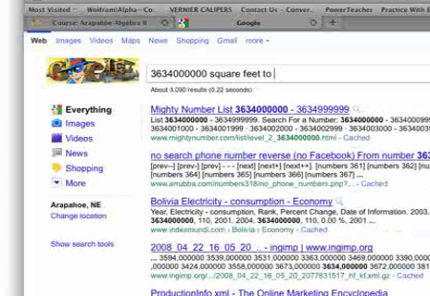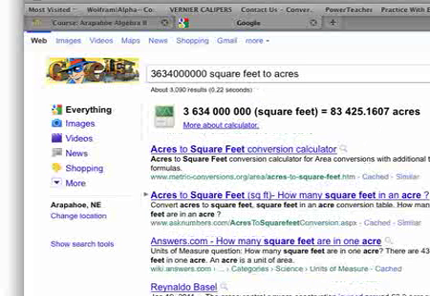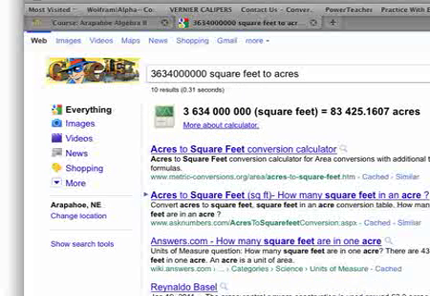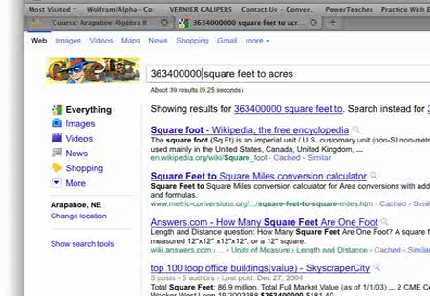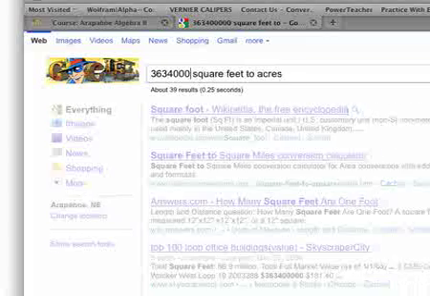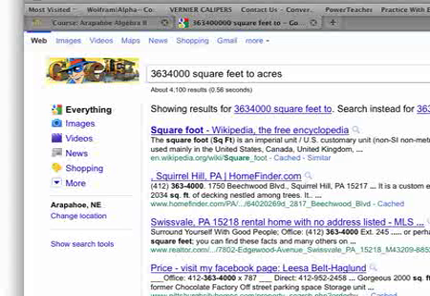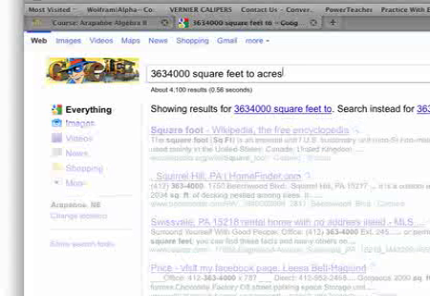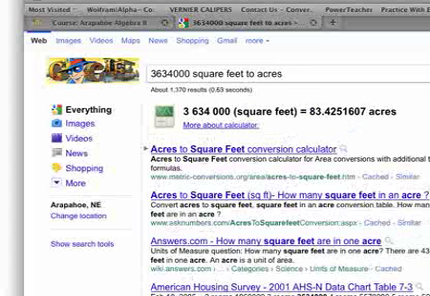Square feet to acres. And there it is. Whoa! I got too many zeros. Let me get those off of there. There we go. So 3,634,000 square feet is about an 83-acre field.